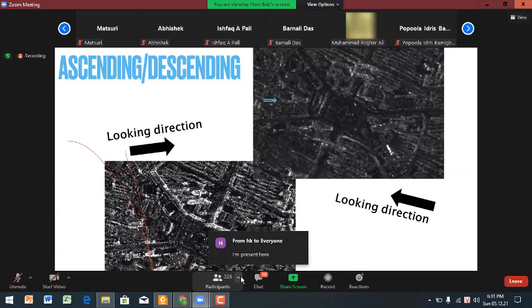And if you imagine, let's say you work on change detection. You want to detect damaged buildings after an earthquake. It's going to be very difficult if you compare an ascending image with a descending image. It's going to be very difficult to identify the changes in the buildings, missing buildings, damaged buildings from very different looking angles.